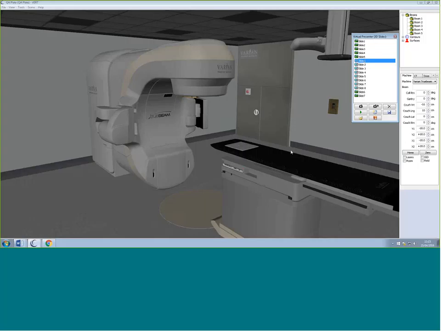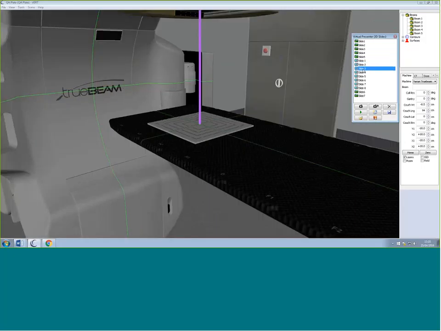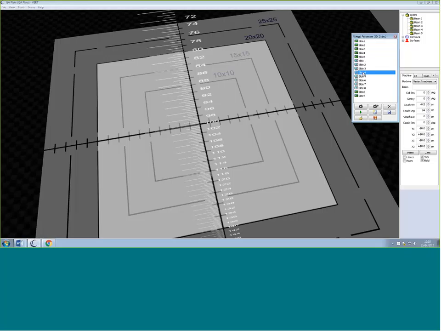We always start with an overview of the QA system, showing how a QA plate is set up on a treatment couch, talking about the alignment, using lasers to align the plate into the correct position, and then talking about how we can utilise a front pointer to confirm and ensure that the plate that we've set up is at 100 centimetres.